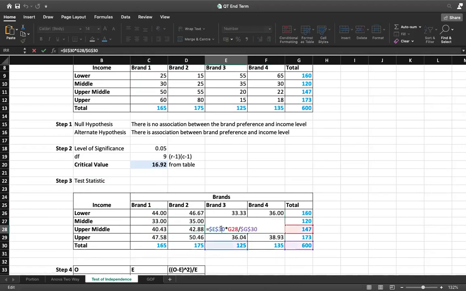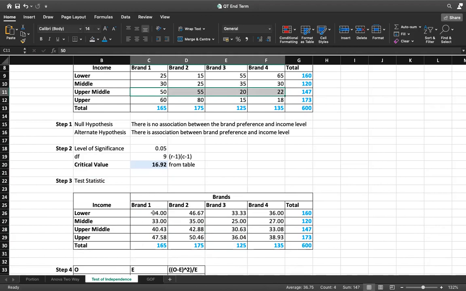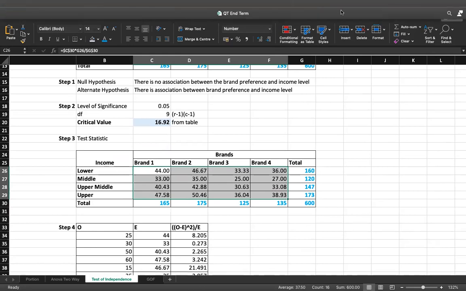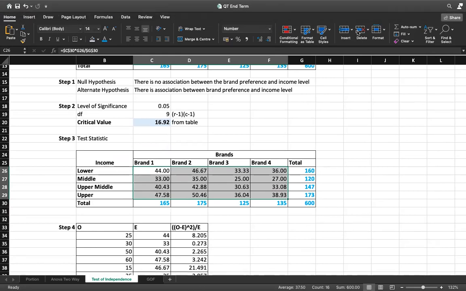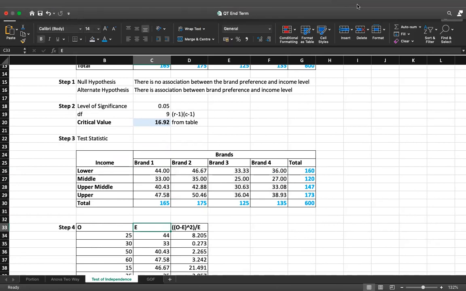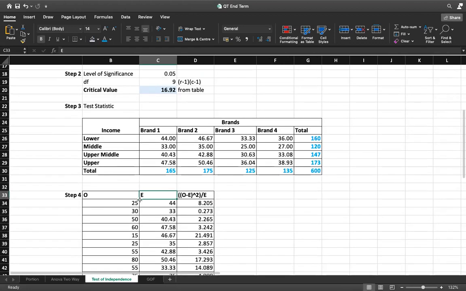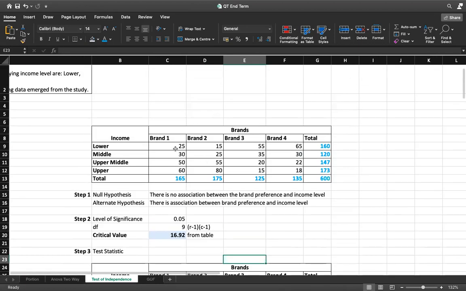Now we'll see one more example. This is basically your column total into your row total divided by your entire total, right? So this is how you will be converting this table into this table. These are your expected values, the ones that you found in this table, and this table is your observed values.